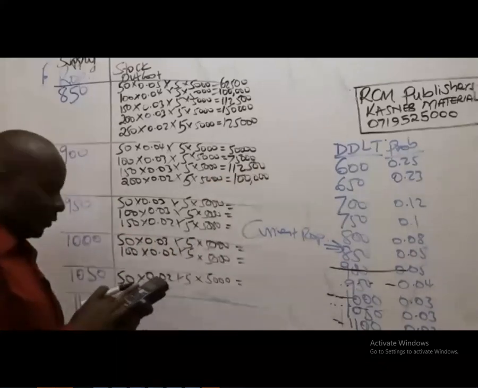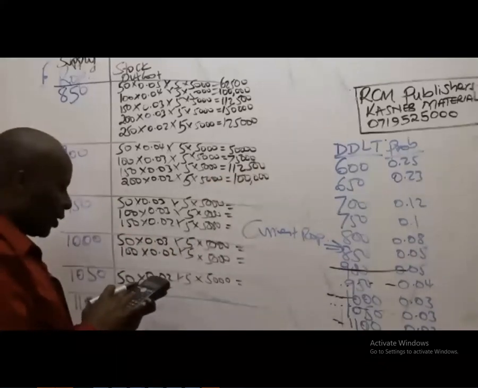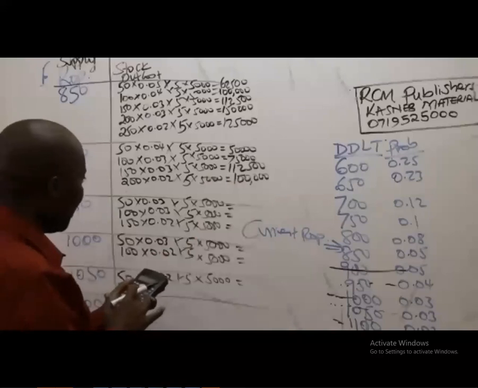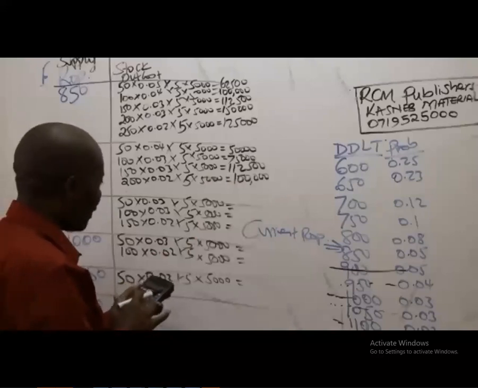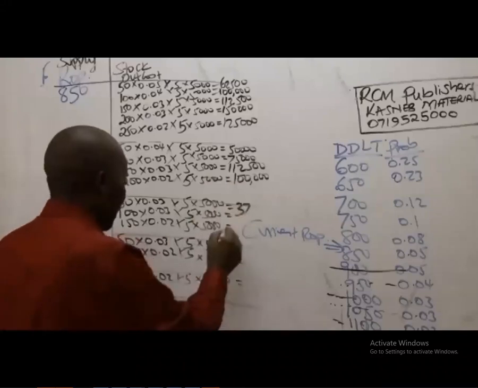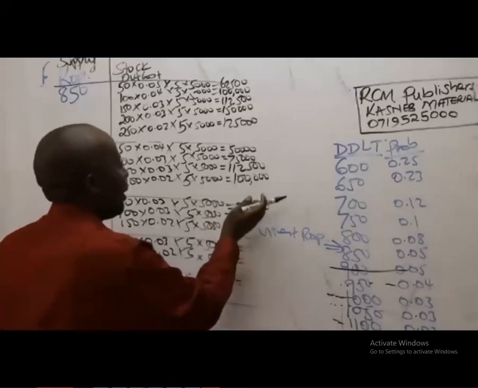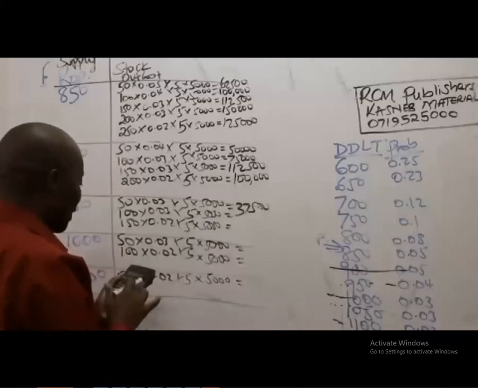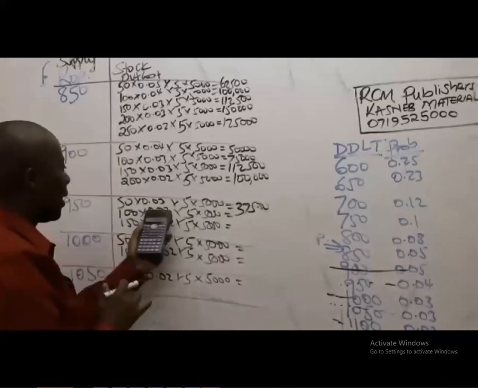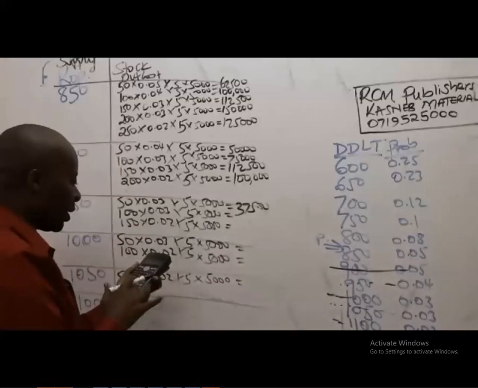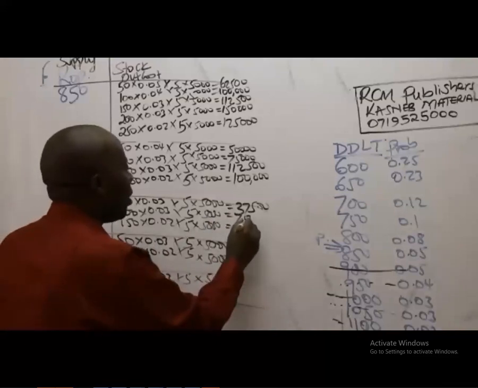From there, we have 50 times 0.03 times 25,000. I know this is 25,000, which will end up giving us 37,500. We go to the next one, 100 times 0.03 times 25,000, which will give us 75,000.